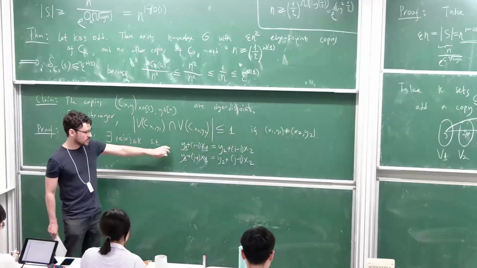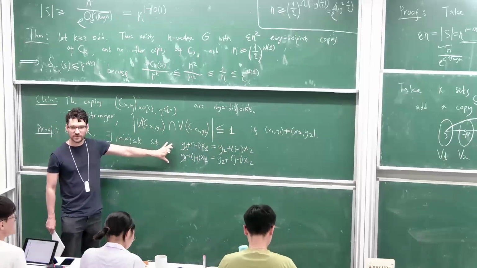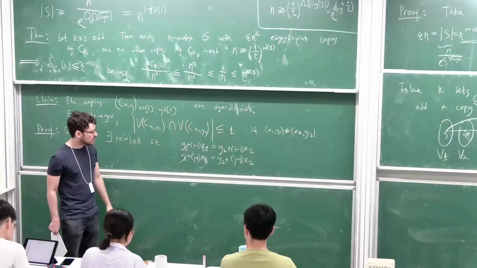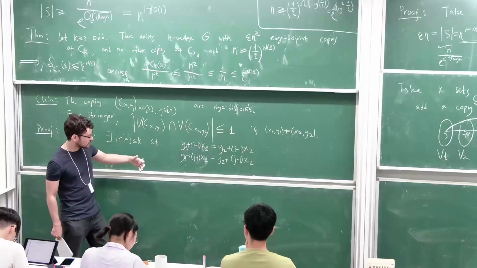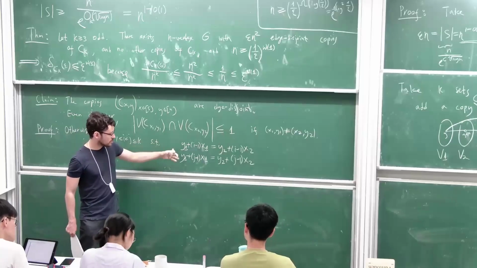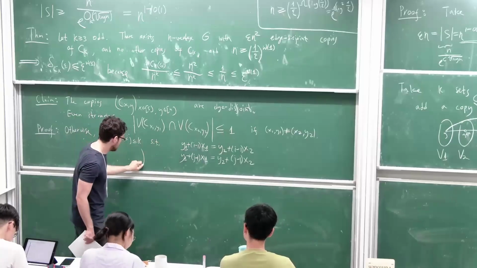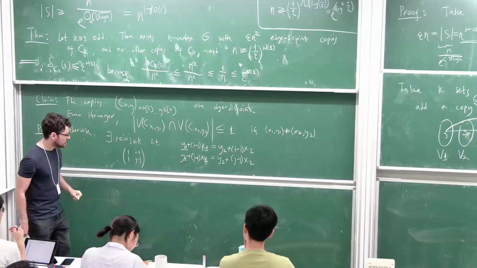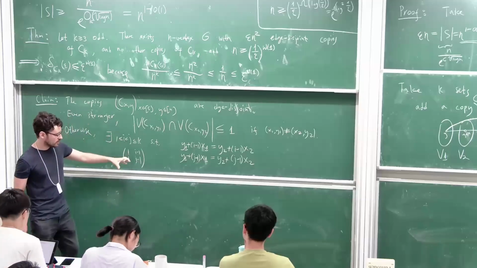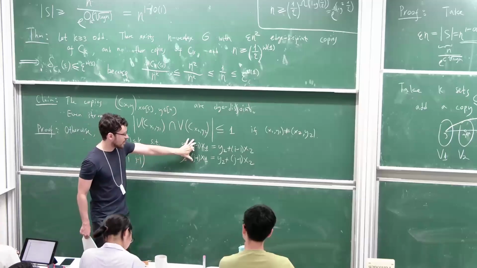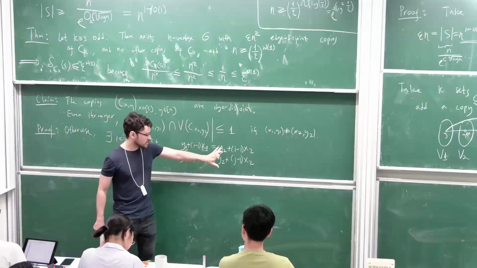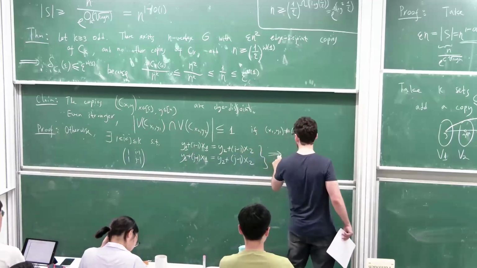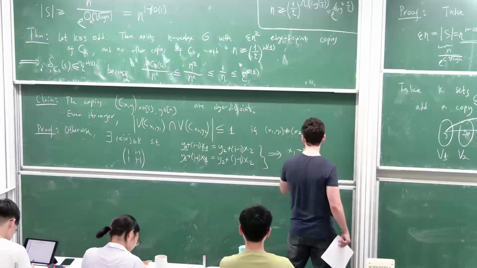This is what it means that those two copies share a vertex in Bi and in Bj. But now this is a system of equations. So from here you can solve: the matrix with rows 1, i minus 1 and 1, j minus 1 is invertible. So if (x1,y1) has the same image under the matrix as (x2,y2), then this implies that x1 is equal to x2 and y1 is equal to y2.